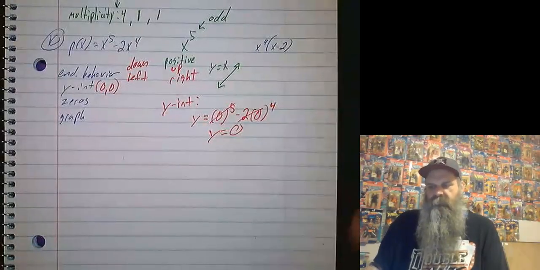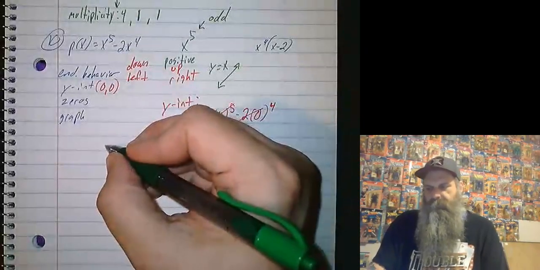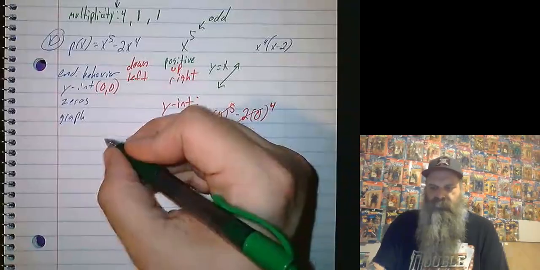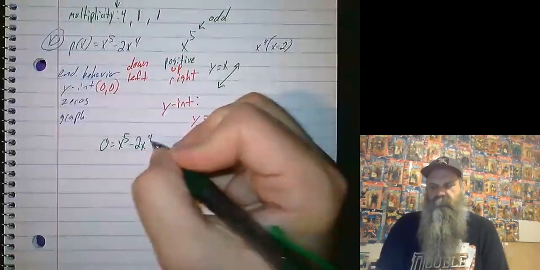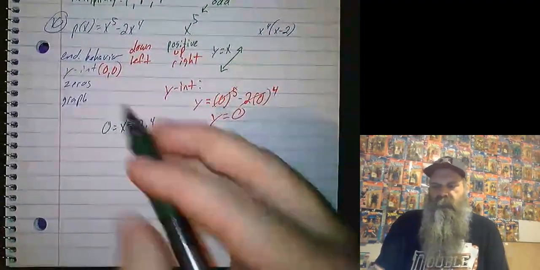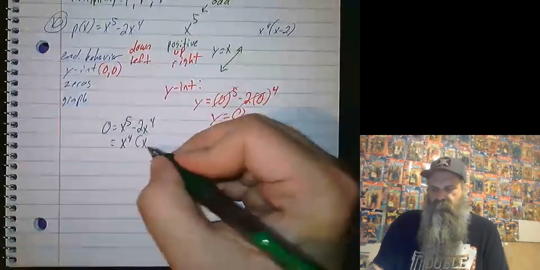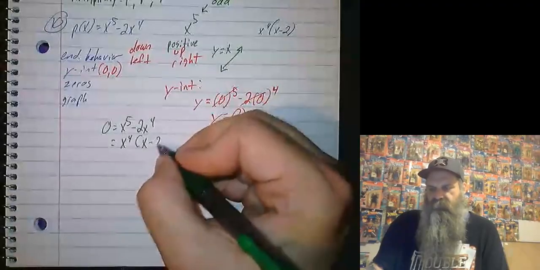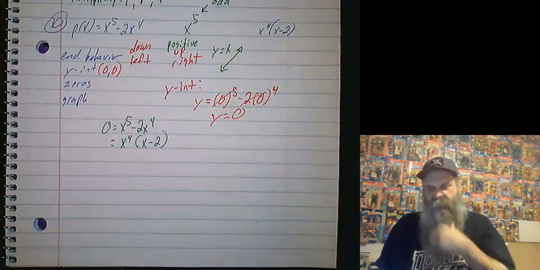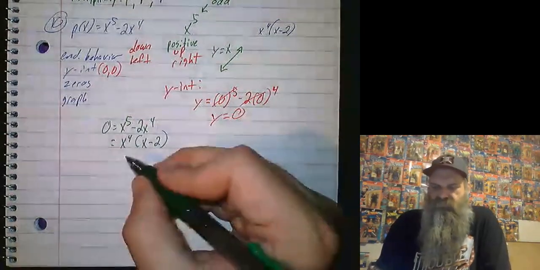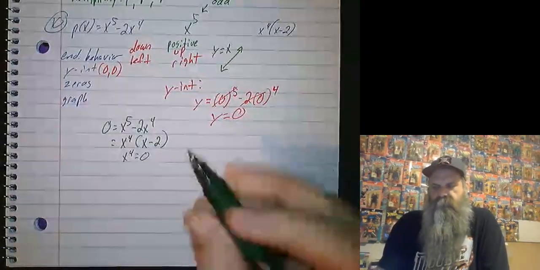And so the zeros, now we find these solutions by setting it equal to 0. X to the 5th minus 2x to the 4th. We could factor out an x to the 4th, leaving us with x minus 2. And so we set each factor containing a variable equal to 0.